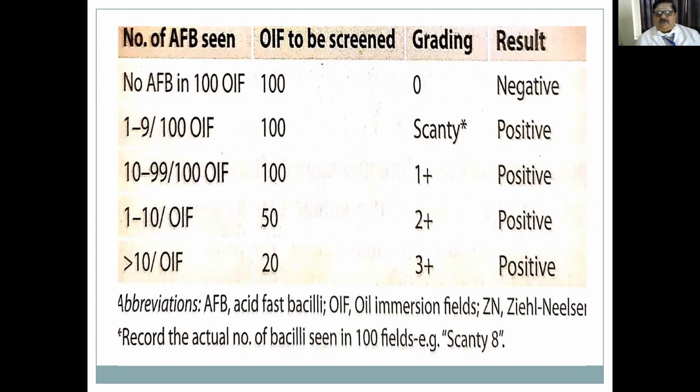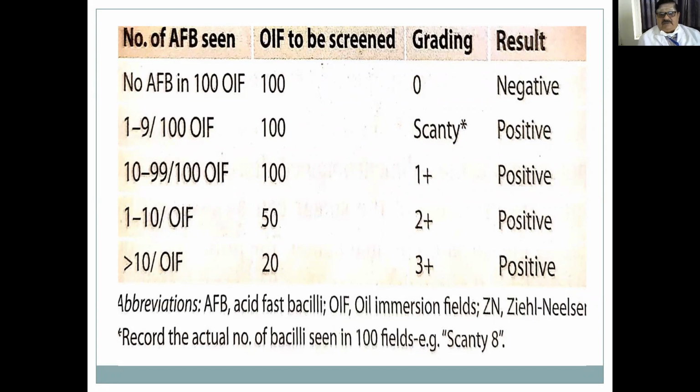So you can see the fields searched become fewer to give 1 plus, 2 plus, or 3 plus. If you have to give negative, you have to observe more fields. If it is positive, the higher the degree of positivity, the fewer fields you need and the more bacilli you see.